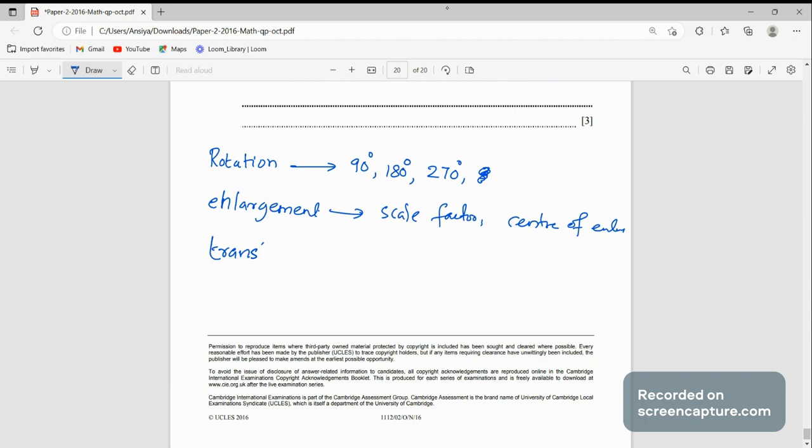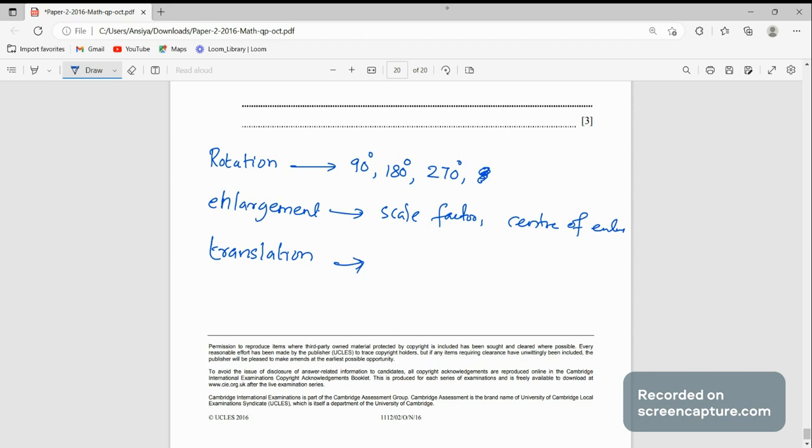Another way of transformation is translation. Translation means from one point, from one area, from one place, the picture just moved to another place. That's it. No change happened, no rotation happened. The picture did not become bigger or smaller than the original one. Just the position changed. In that case, it is called translation.